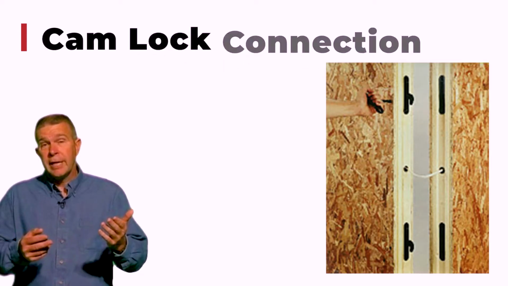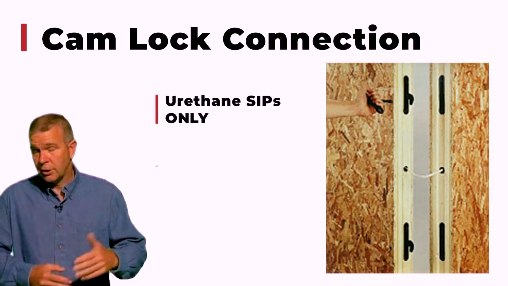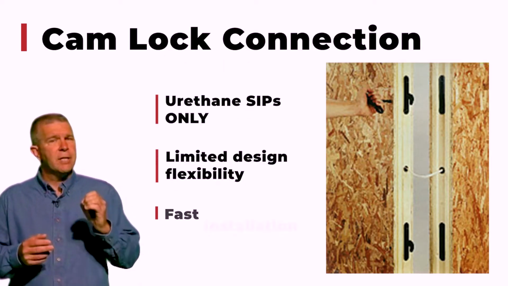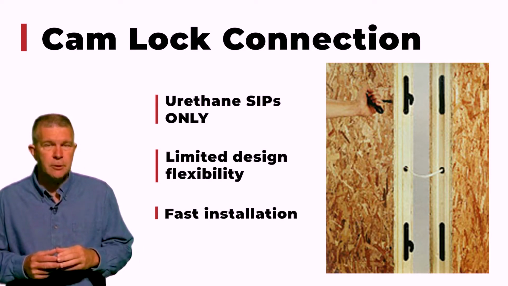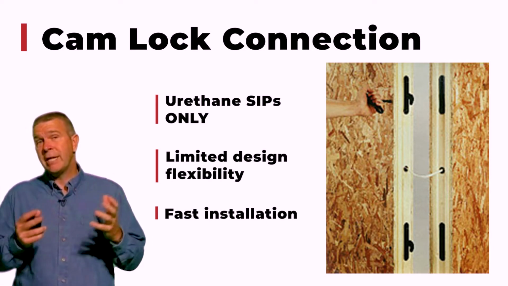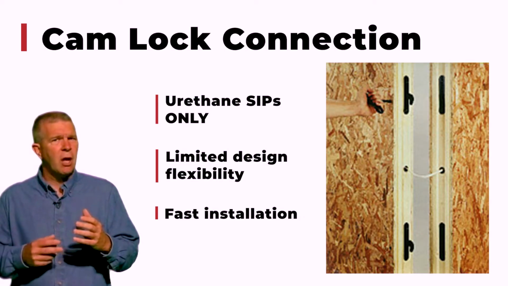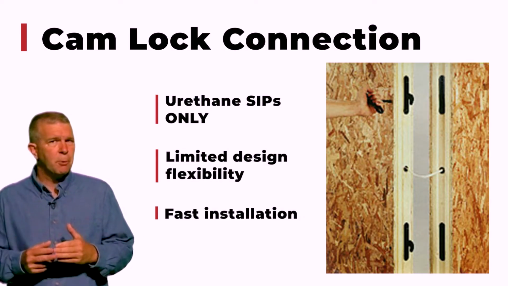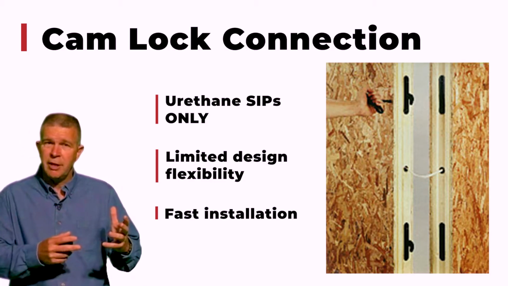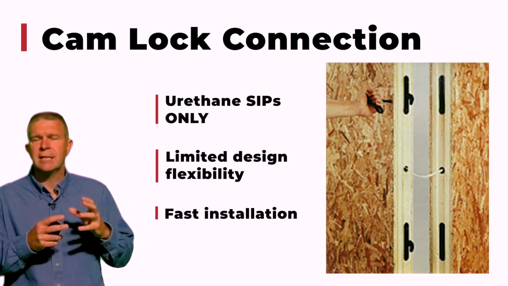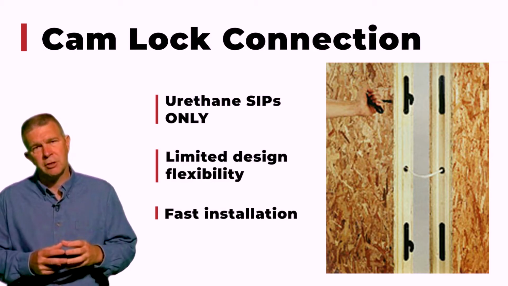If we look into the cam lock system, which I'm sure a lot of you have heard about, that is a fastening technique that is specific to the urethane manufacturers. Now, it's a great system in that it gives us a lot of speed and it allows us to put panels together very, very quickly. But when we have the good, we also sometimes have the bad. And the bad is it has a limitation in terms of its design flexibility.